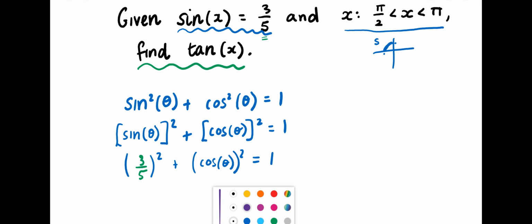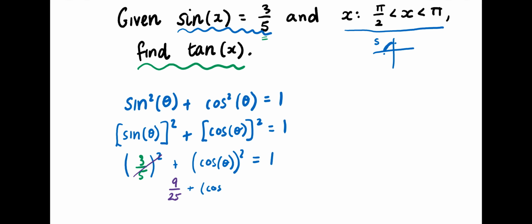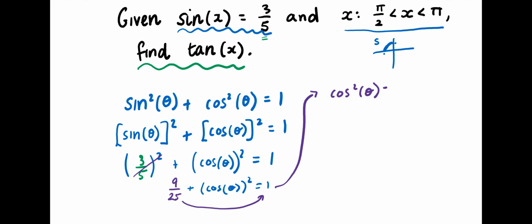Well, we can evaluate this. So 3/5 squared is 9 over 25. Now I know that that's plus cos theta squared is equal to 1. Well, if we minus 9 over 25, we'll get cos squared theta equals 1 minus 9 on 25 is 16 on 25.